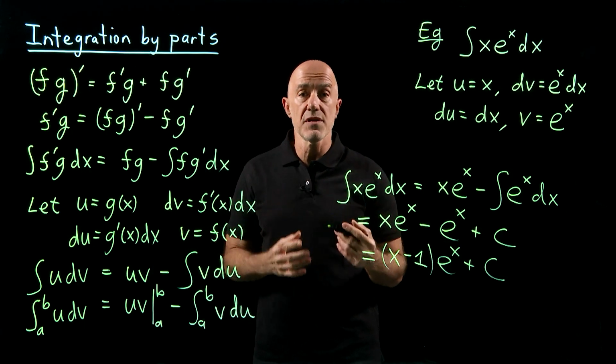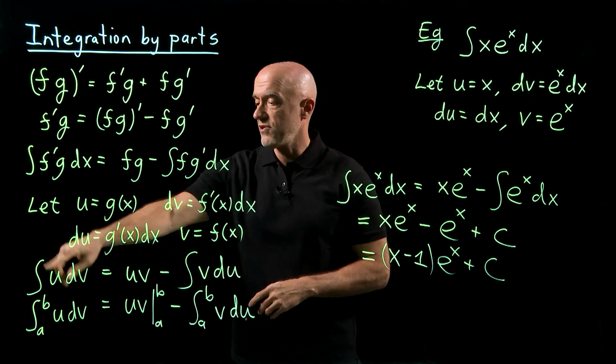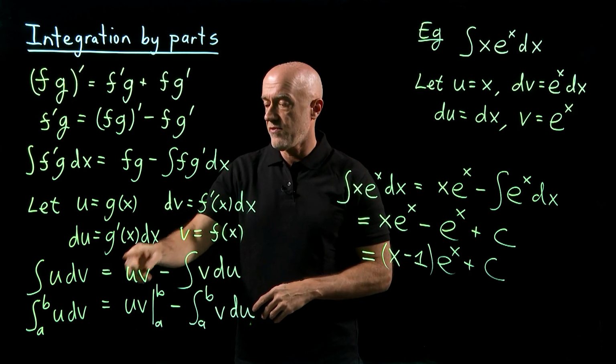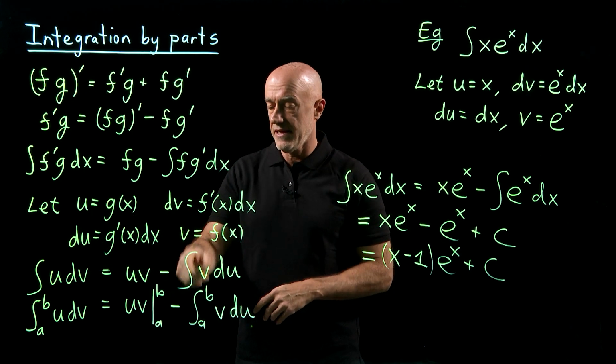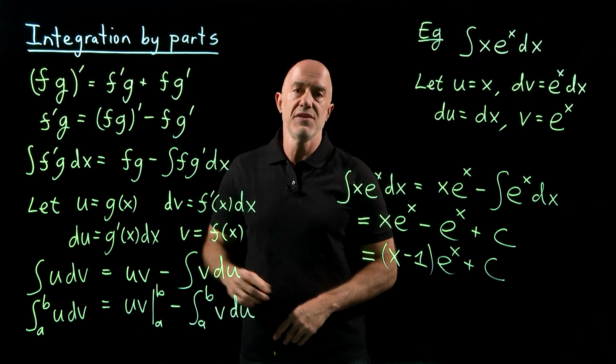So the formula to remember is that the integral of u dv equals uv minus the integral of v du.